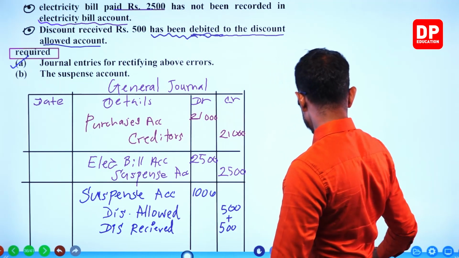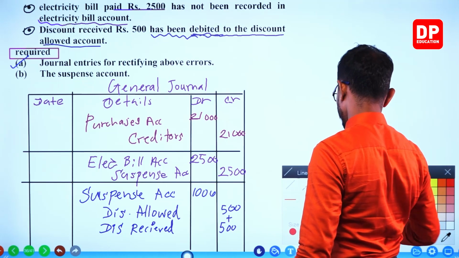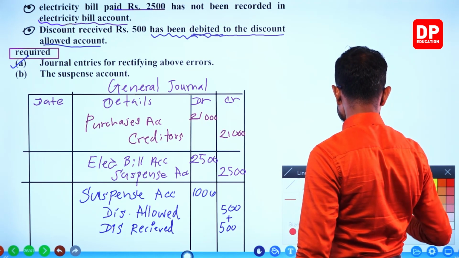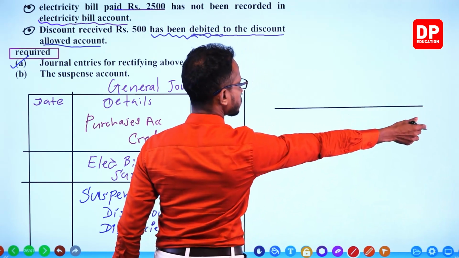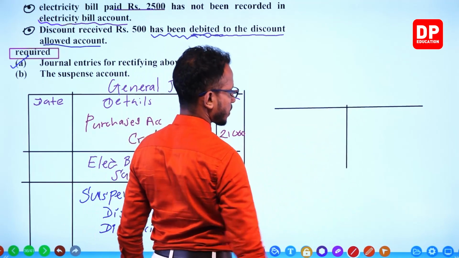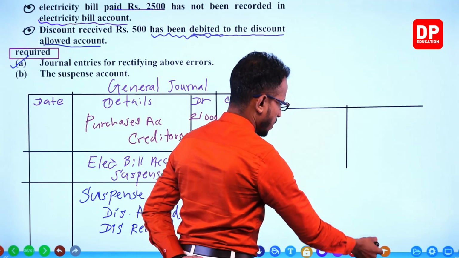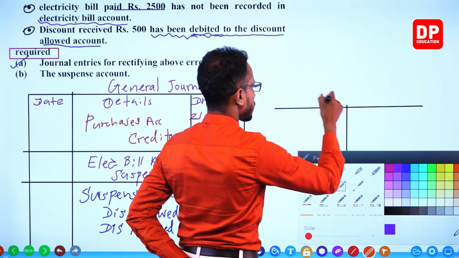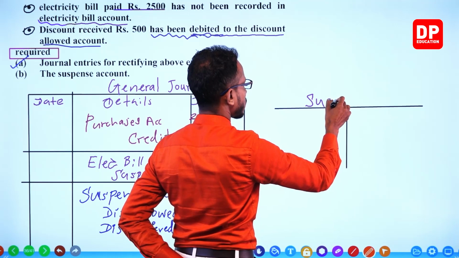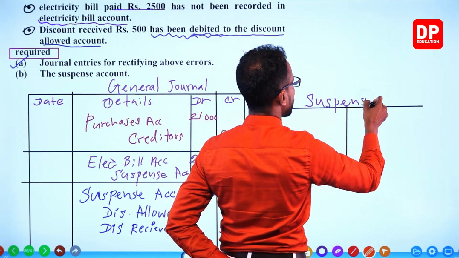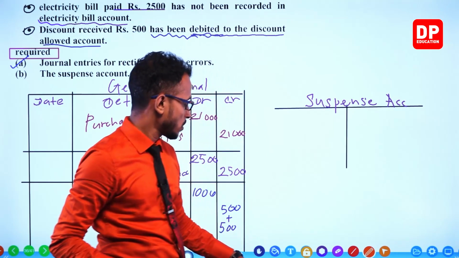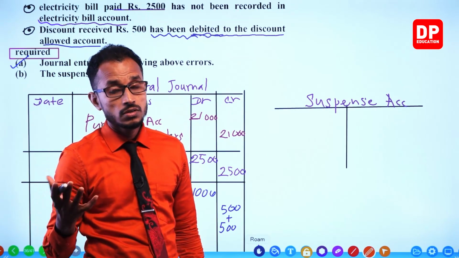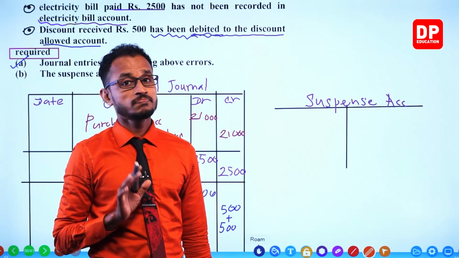Now the suspense account. We'll draw the suspense account here, like that, and name it. We don't know the difference of the trial balance.